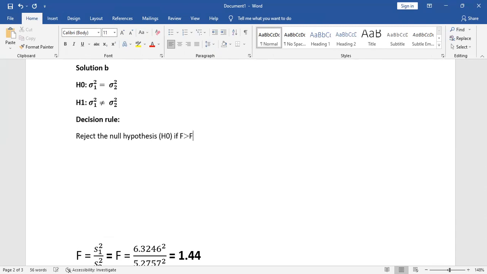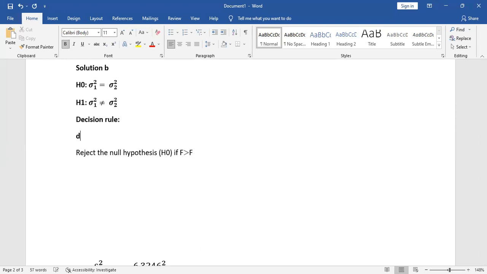I'll explain where the 9,9 is coming from. Let me explain them first. The degree of freedom 1 is n minus 1, and the sample size is 10 for the first set of price. So 10 minus 1 gives us 9.